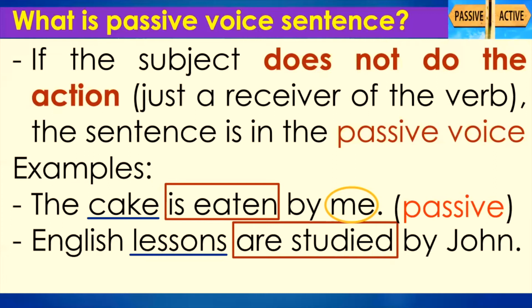Because lessons is receiving the action of what is being studied in this sentence. Now, who is doing the action of studying in this sentence? It's John, not the subject. All right? So John is the doer of the action, and then lessons is the receiver of the action. So again, this is in the passive voice form of sentence.